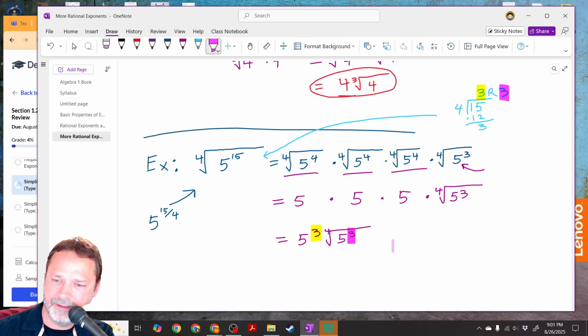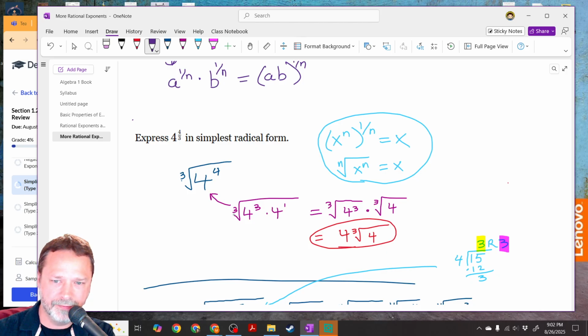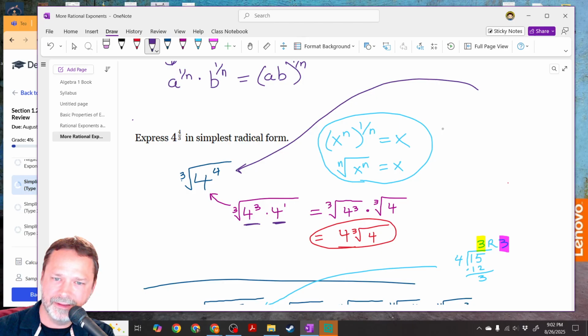Does that work in this example up here, where we did the cube root of 4 to the 4th? Same thing. Since I'm doing a cube root, I need to get groups of 3, and that's what I did. I had one group of 3 plus 1 left over. So what is 4 divided by 3?